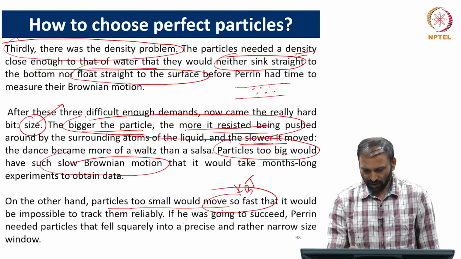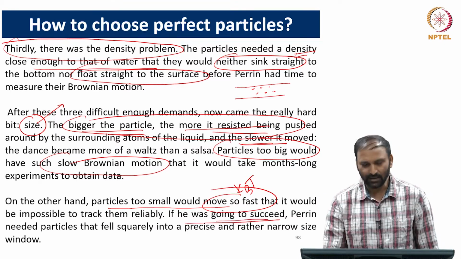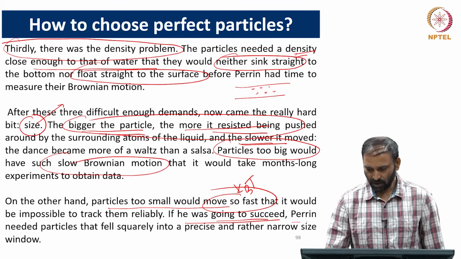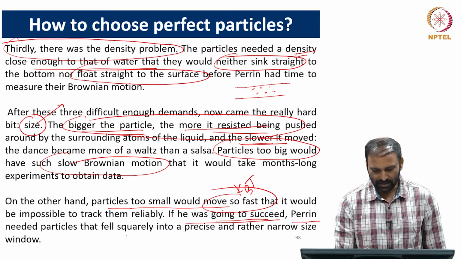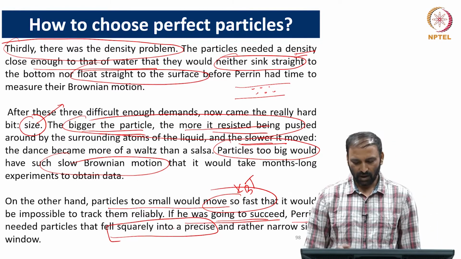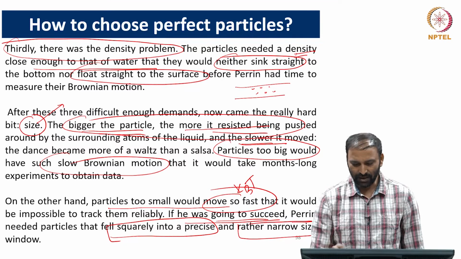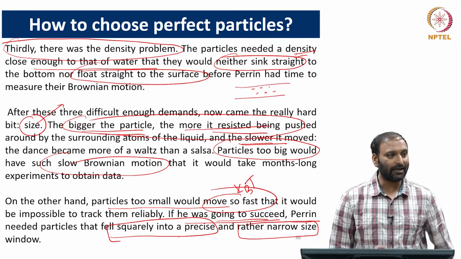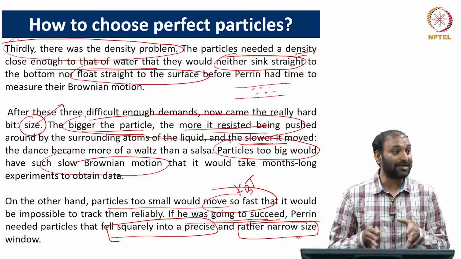So, therefore, if he was going to succeed in his experiments, Perrin needed particles that had a precise size, and of course, they also have to be in a narrow size window.